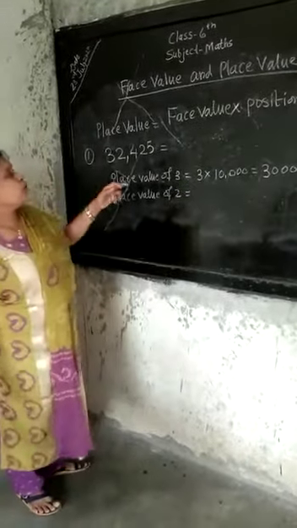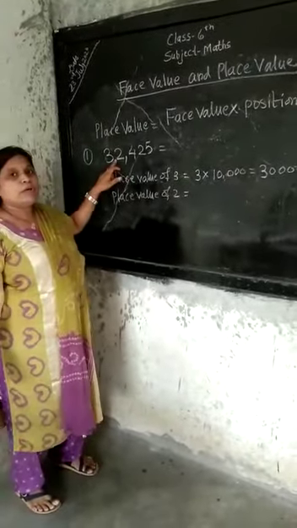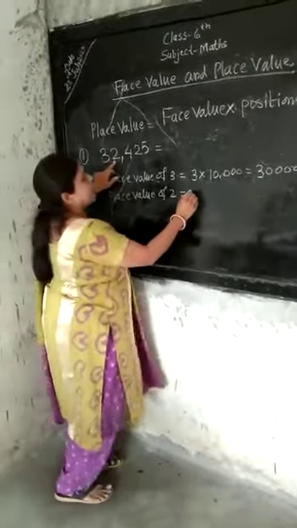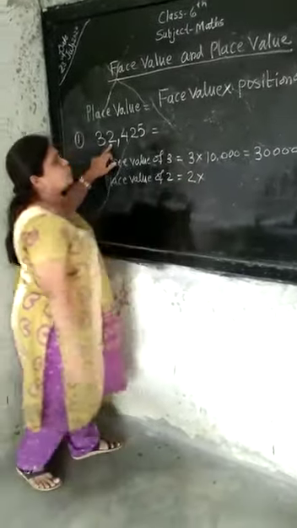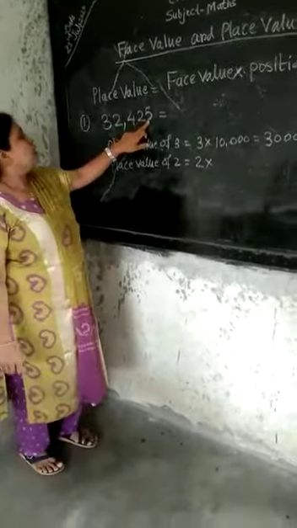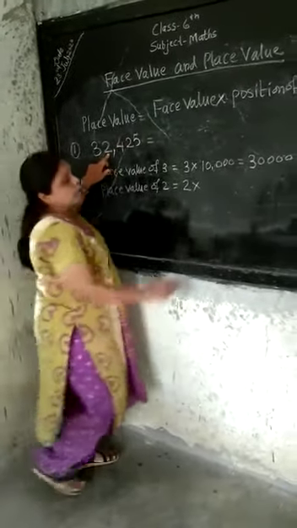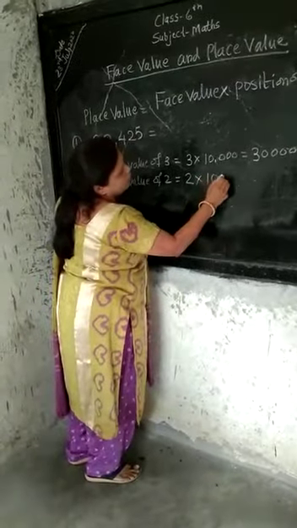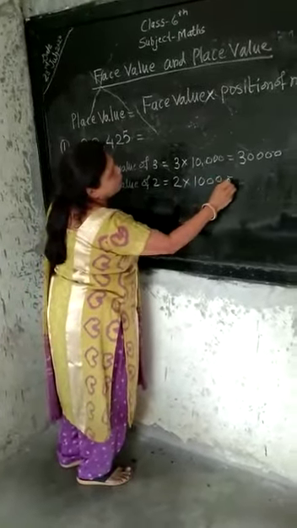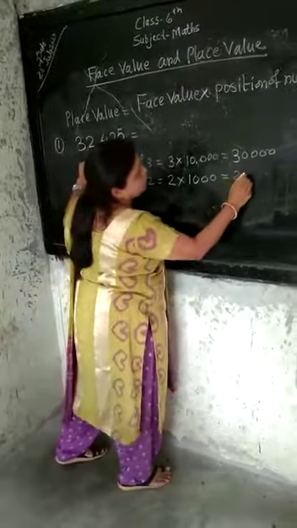Now, the place value of 2. What is the face value of 2? The face value of 2 is 2, the number as it is. Its position: ones, tens, 100, 1000. 2 is in the 1000 place, so we multiply it by 1000. That is 2000.